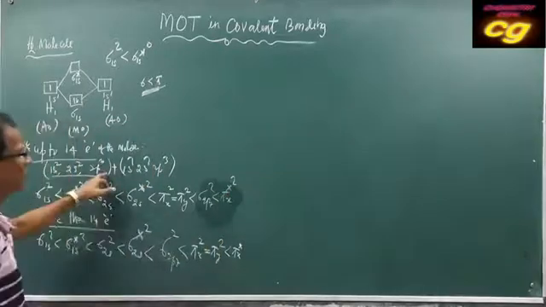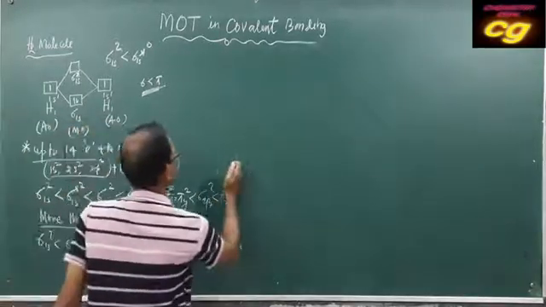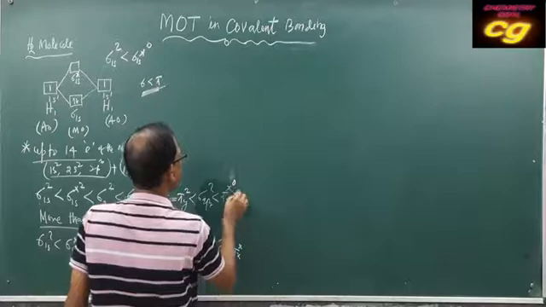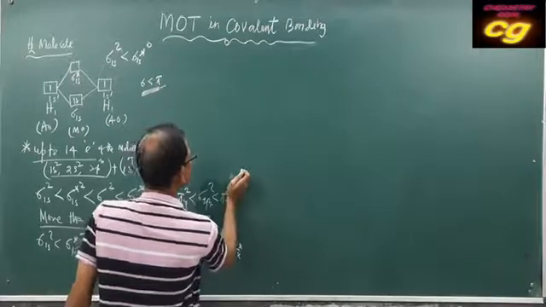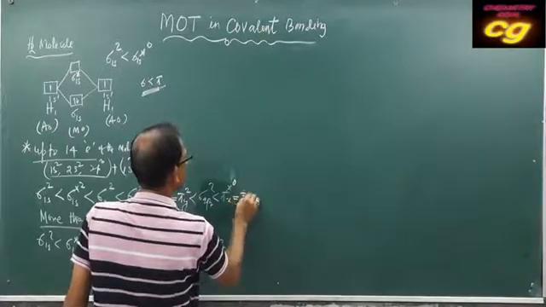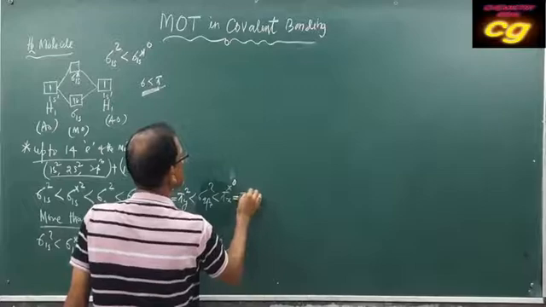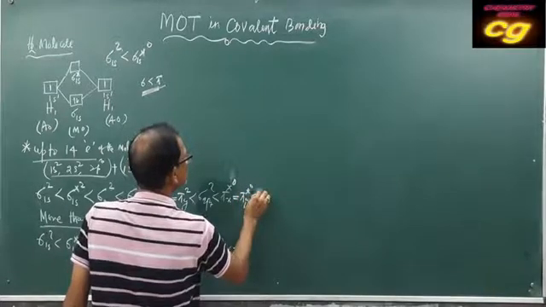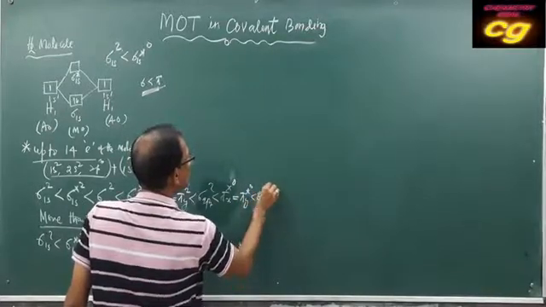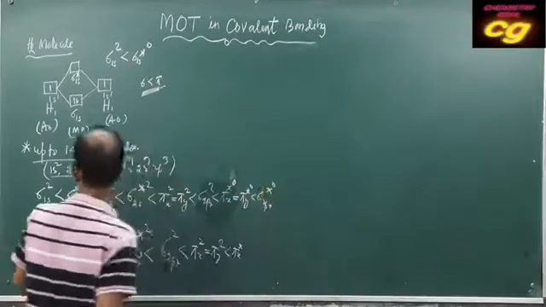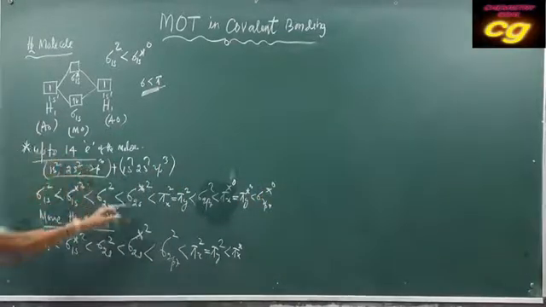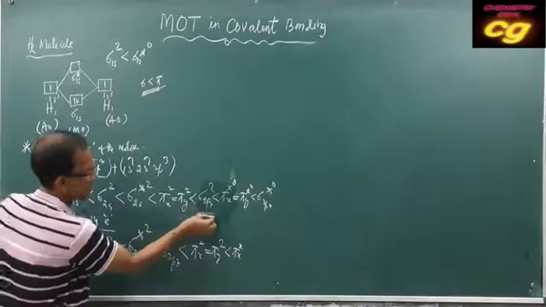As it is up to 14, you write 0 for this, then pi y star 0, then sigma 2pz star 0. Up to 14 I have written; 14 will be finished at this point.